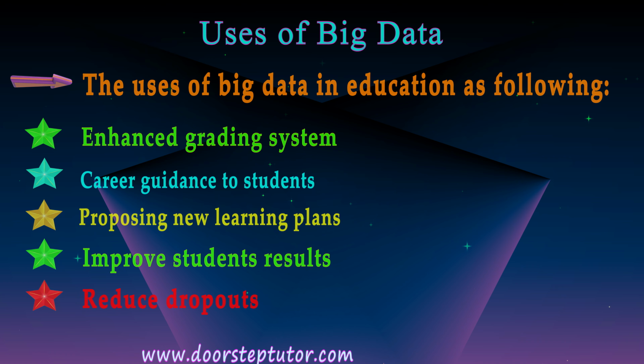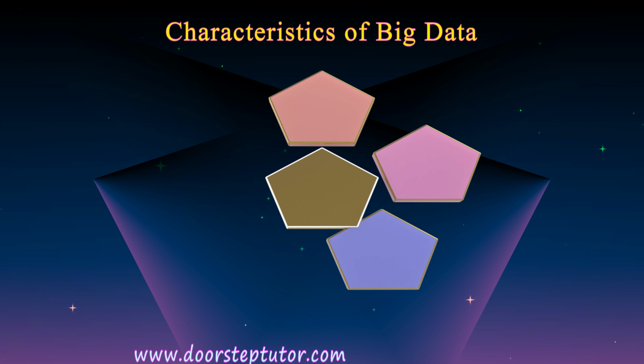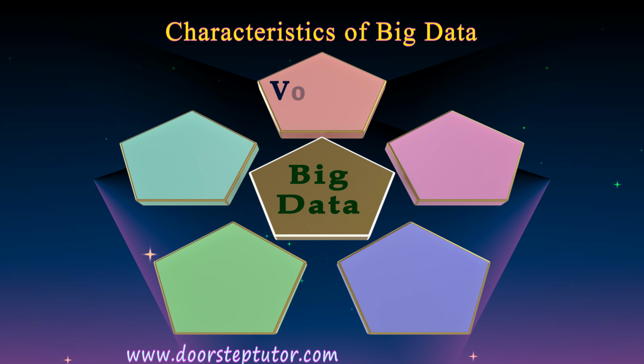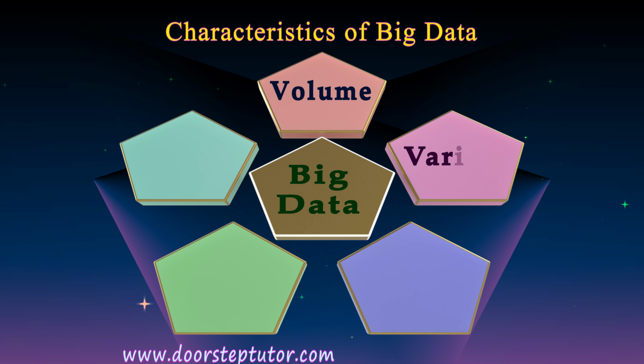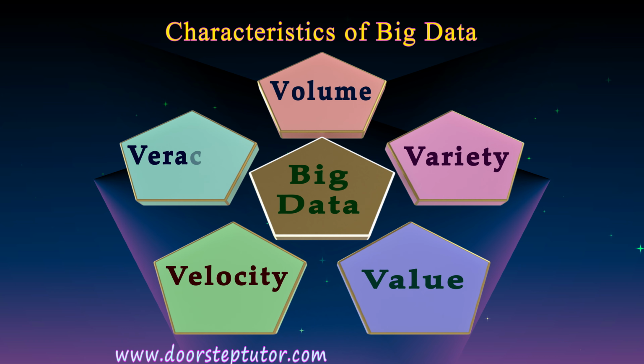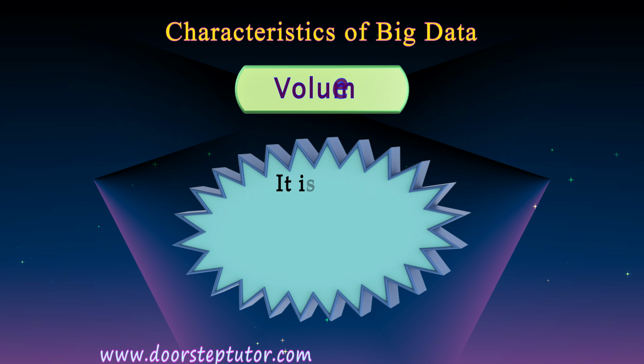So next we are having a discussion on the characteristics of big data. It is based upon 5 Vs. The first is volume, then variety, value, velocity and veracity. We will discuss these characteristics one by one. So let's move to our next slide. First we are discussing volume.